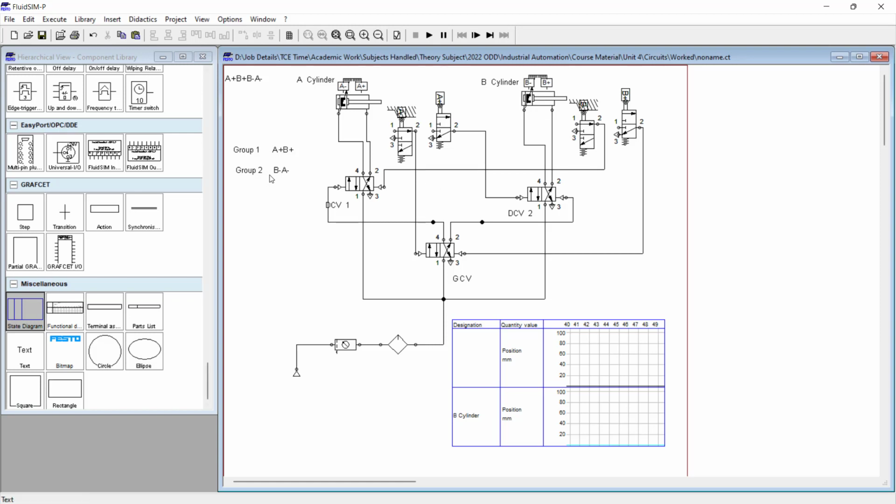Group 2, the B minus and A minus limit switches, receive power from power line 2.